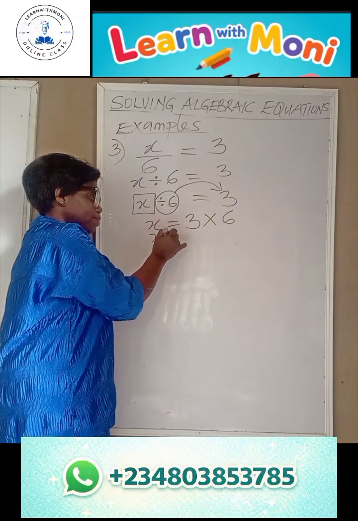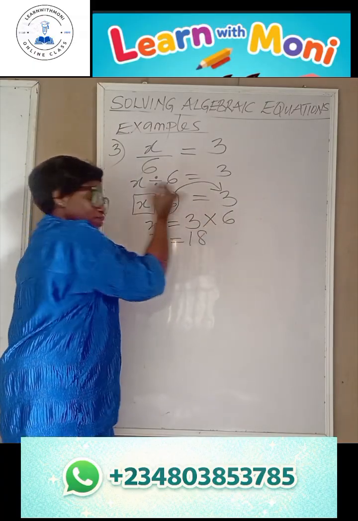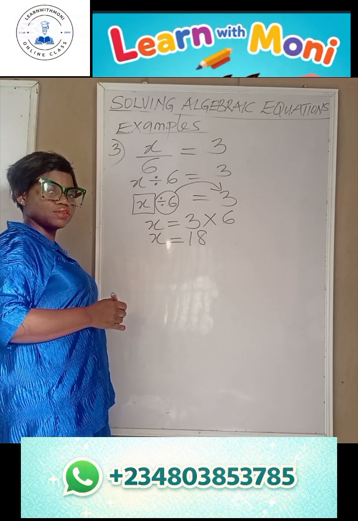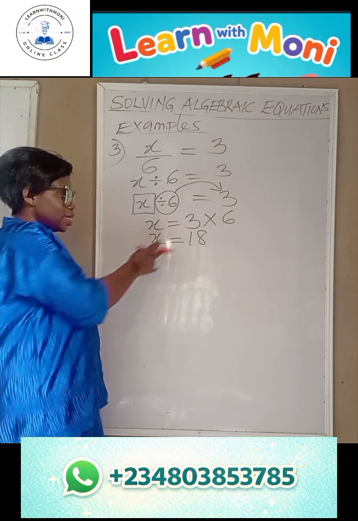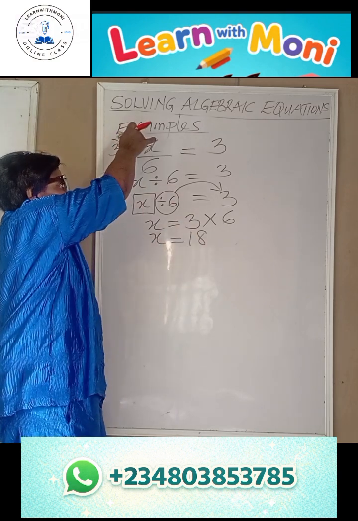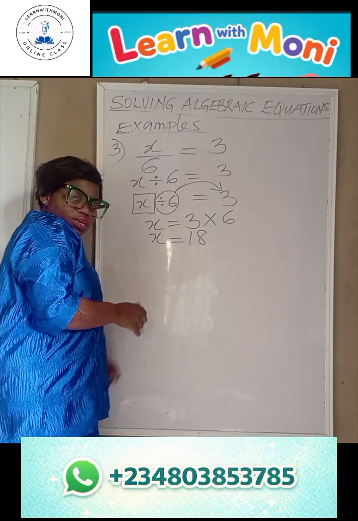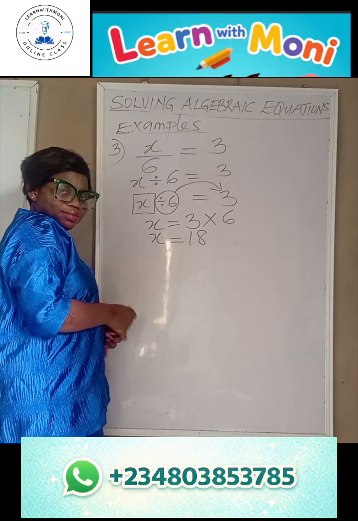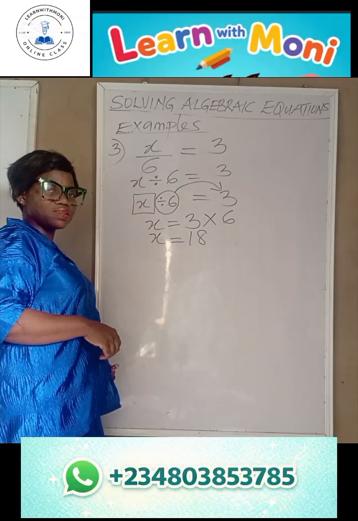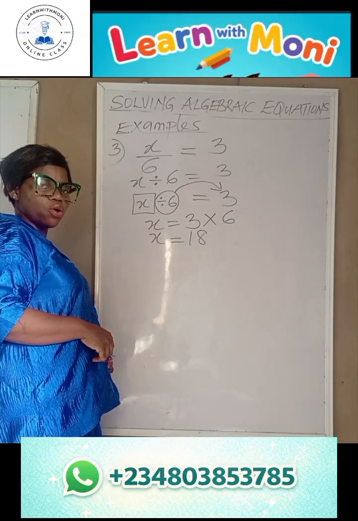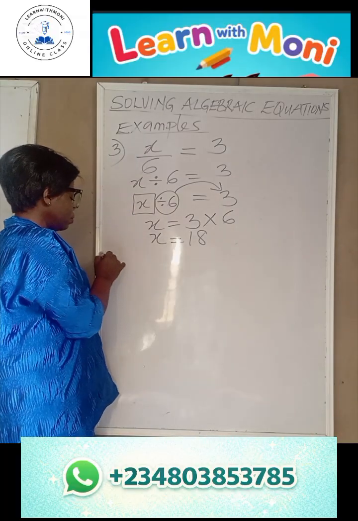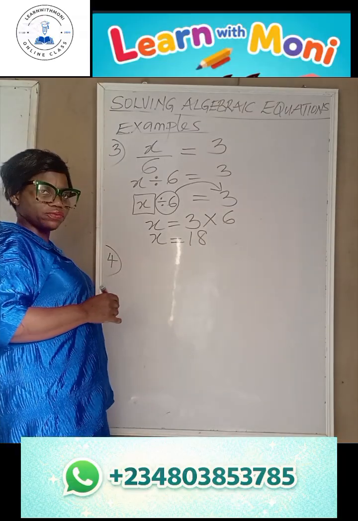That makes x equals to 18. Our x is equals to 18. We can also check that. If x is 18, that means 18 divided by 6 is equals to 3. Is it equal to 3 at your end? Very correct. That means our answer is fine. We are on point.